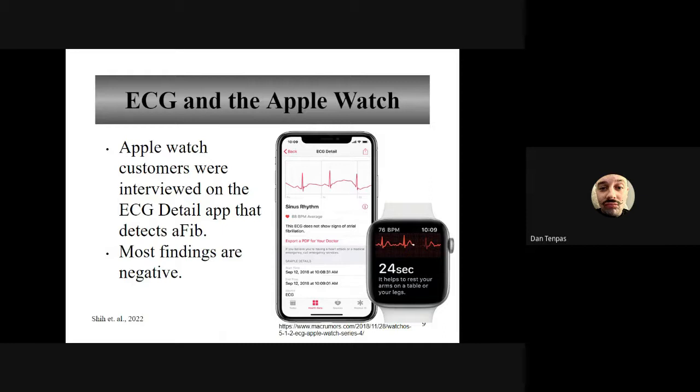But the Apple Watch, again, they say can detect AFib, which can lead to a stroke. So if we can catch it early, people think that would be a good thing, right? We could catch a stroke before it happens. No longer would you need to have an episode and be tested in a clinical setting.